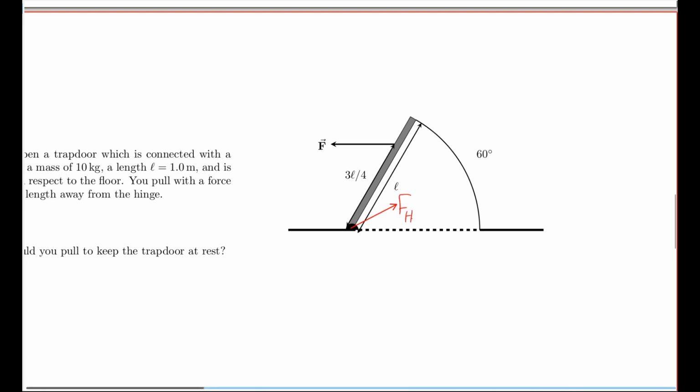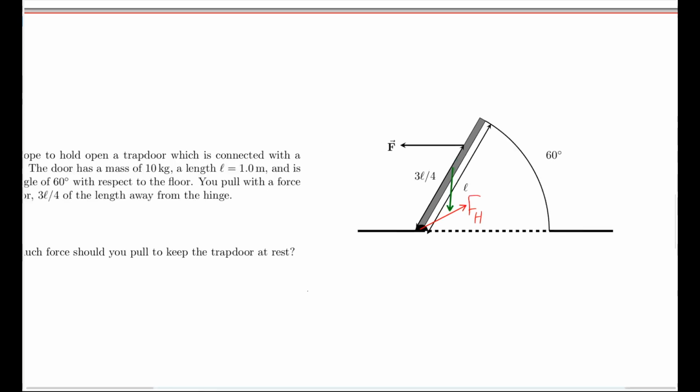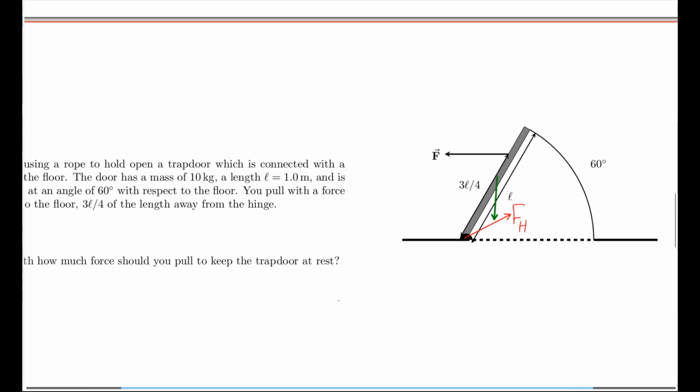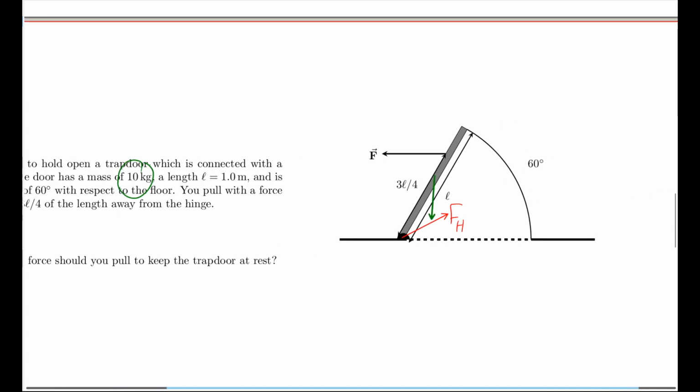F hinge. We also have the weight from the trapdoor itself going down here. The trapdoor's mass we will call M. So that's going to be mg.